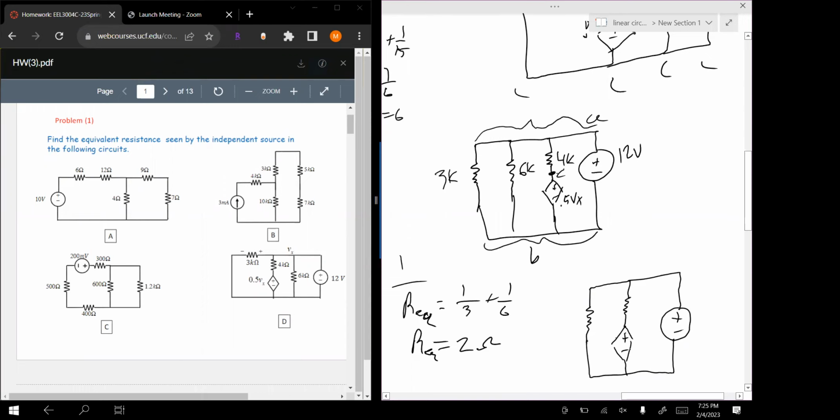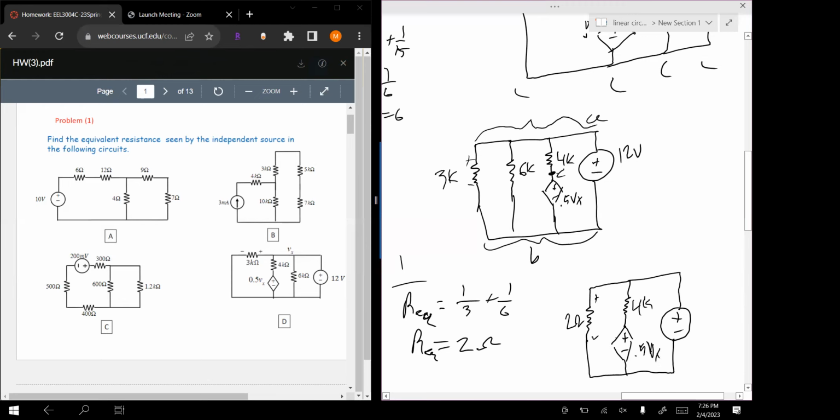I still don't know what VX is. Maybe VX is the voltage across these resistors here, the polarity, and that is what we're looking for. So 2 ohms, this should still be plus minus like that. We have 4K here, 0.5 VX.